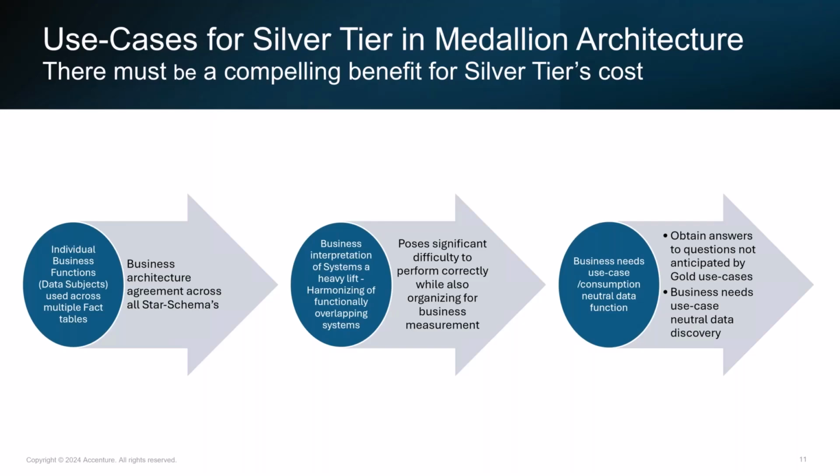Some of those conditions include: the same content is used across multiple star schemas. So transforming data once brings consistency, agreement, and efficiency to creating the star schemas.